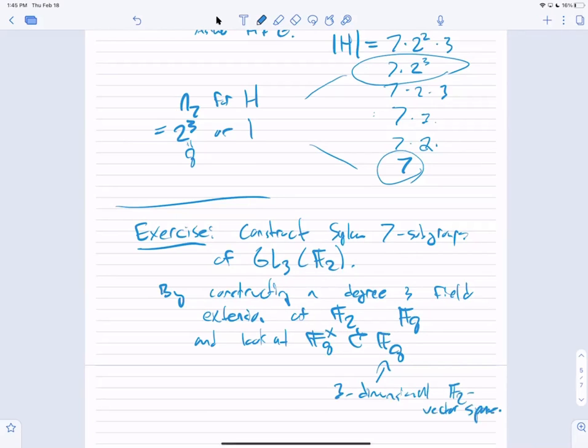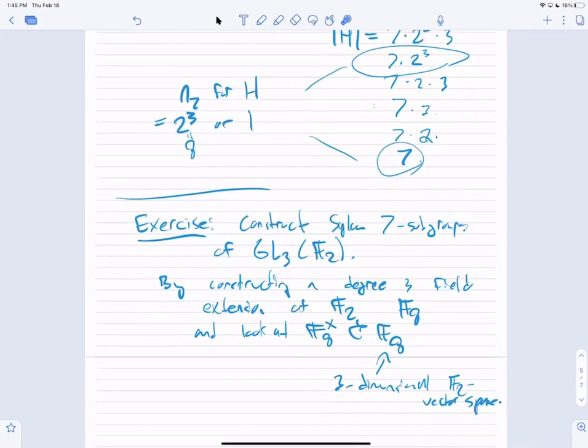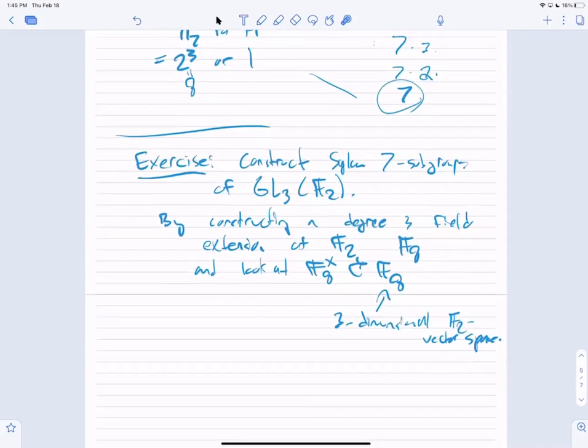F8 cross is a group of order 7 acting on this vector space. If you fix a basis of this three-dimensional vector space, you'll get an embedding of this group of order 7. Using this embedding, you can construct more than one Sylow 7 subgroup of G.